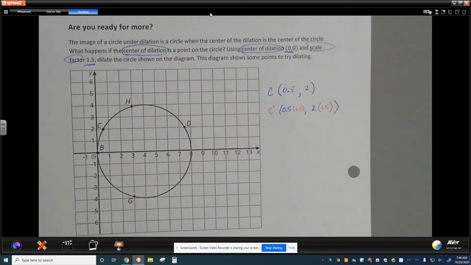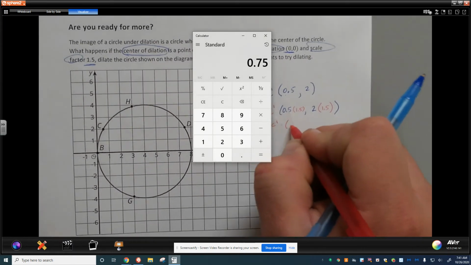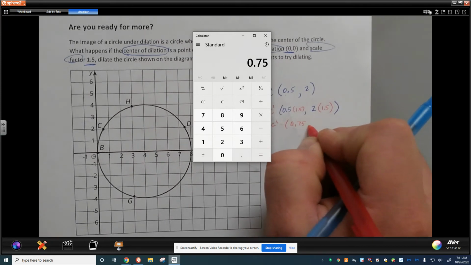So now we want to see how that growth works. When we look at half and we multiply that by 1.5, we can go ahead and use a calculator here. And we see that our distance is actually going to be now 3/4 of a unit away. So we see C prime is at 3/4 or 75/100.